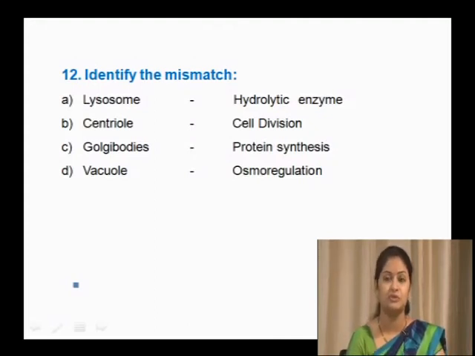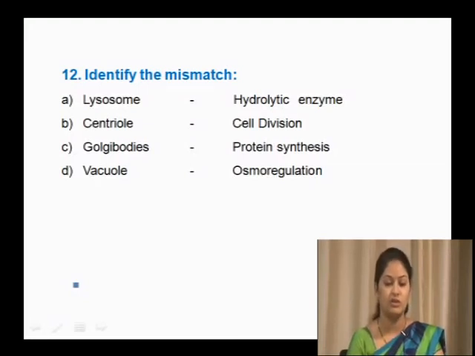It is very true because lysosomes are filled with digestive enzymes or hydrolytic enzymes which will help in various processes starting from digestion up to a certain function of immunity. B, centriole, associated with cell division. This is also the right combination because from the centrioles, asters and spindle fibers are formed which will help in the process of cell division.